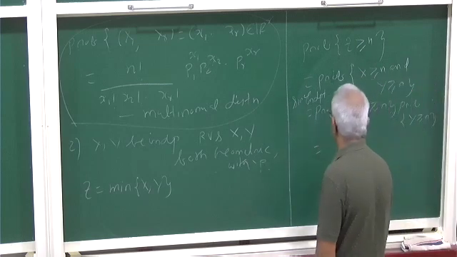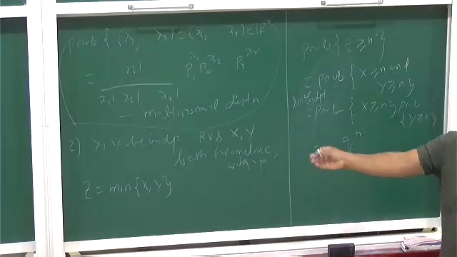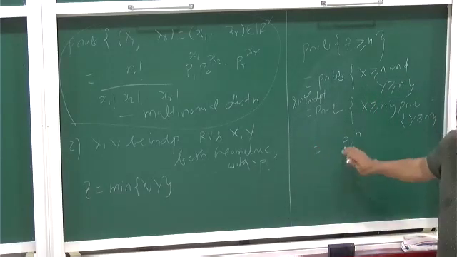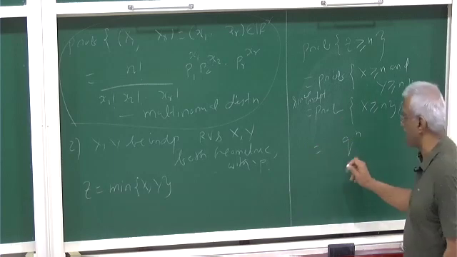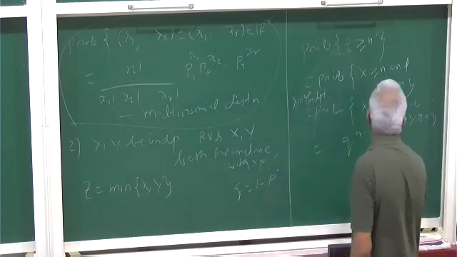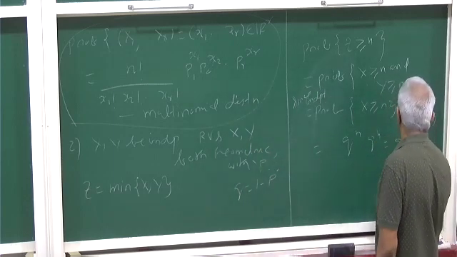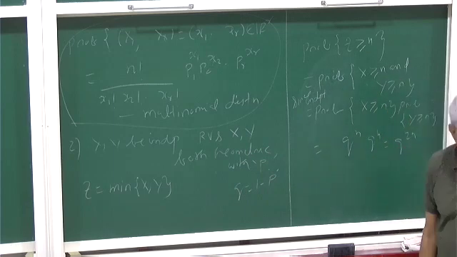And you know what this is. This is just q power n, or n minus 1; I am not sure, it doesn't matter, it depends on how you started, where q is 1 minus p. So q power n, and this is again q power n. So q power 2n.